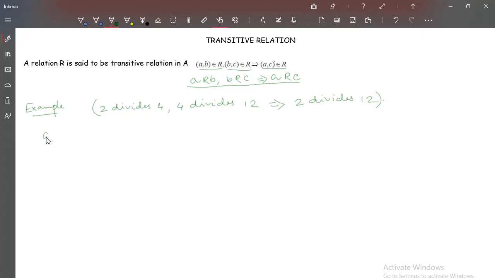We are taking A is related to B, that means (A, B) belongs to the set Z. Now 2 is related to 4, 4 is related to 12, implies 2 is related to 12.